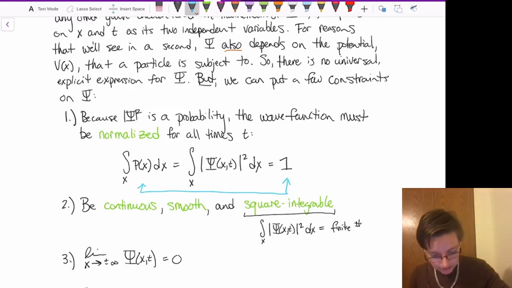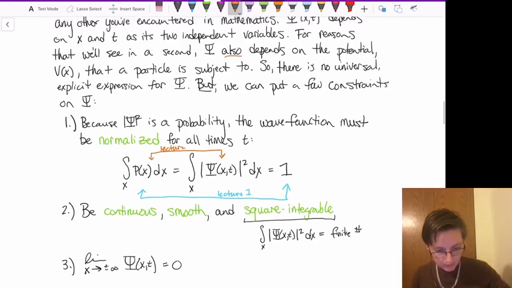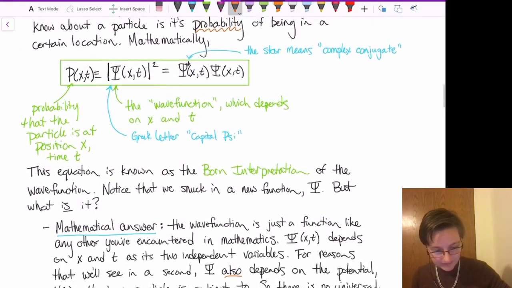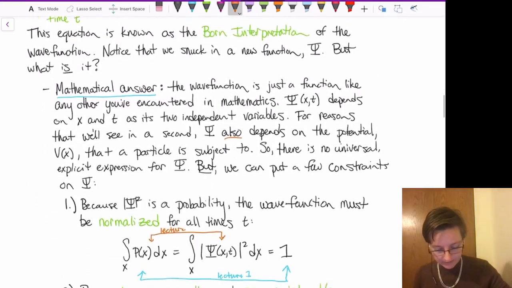And so the only new connection that we're making between lecture 1 information and now lecture 2 information is that I just gave you a formula for the Born interpretation of the wave function and how p of x is related to the wave function.